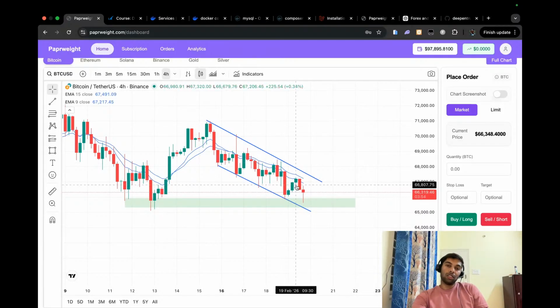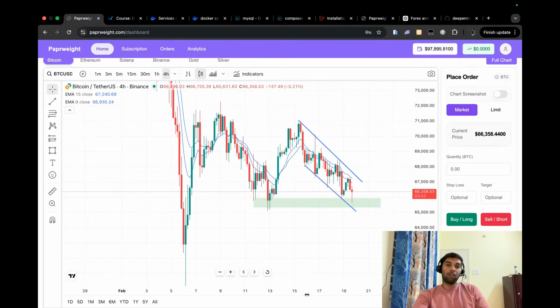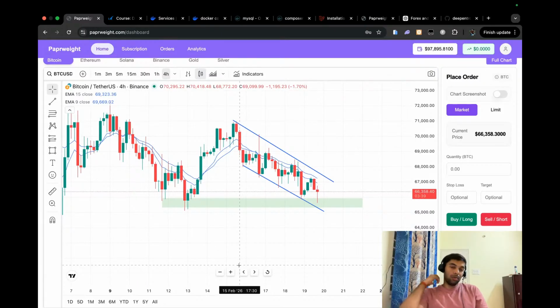Both this lower trend line and this support zone are supporting the market in moving in the up direction. If you look at the last couple of hours, the market is quite weak and in the downward direction, so it is quite bearish.